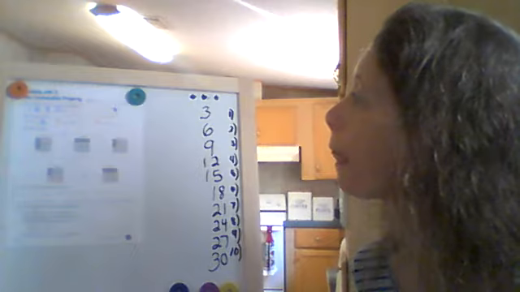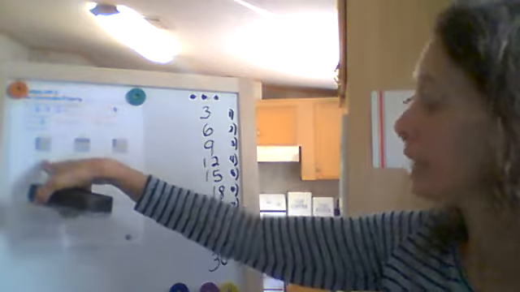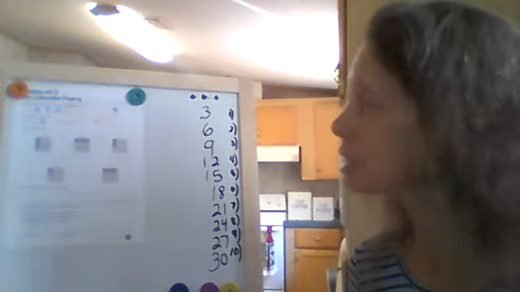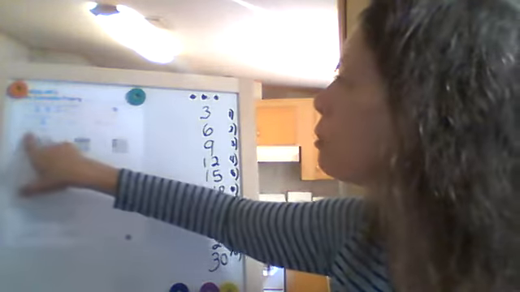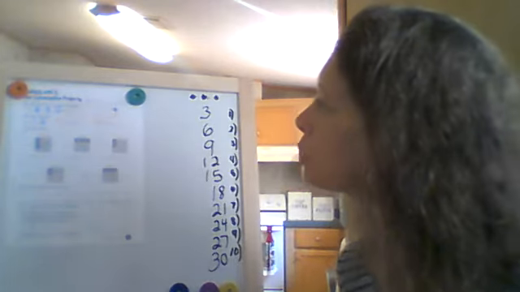So, this array is a little bit different in that they've done it differently here. So let's look at what this array says. It says, label the array and solve. And let me write this out for you so you know what it is.